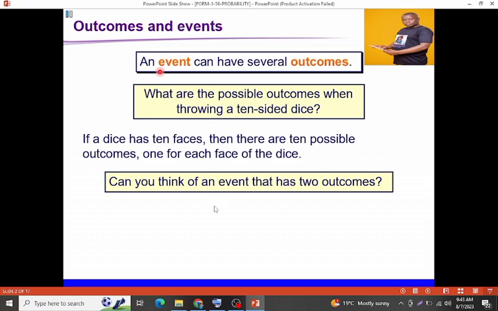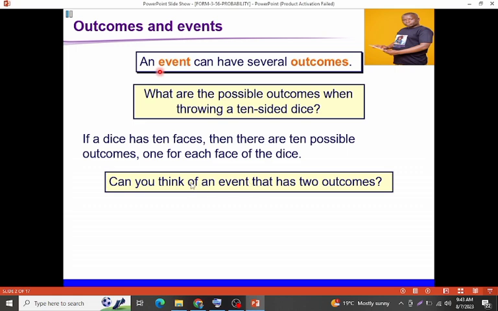Can you think of an event that has 2 outcomes? An event such as walking. Let's say you are walking to class from your hostel, you can either lift one leg, the left leg or the right leg, as you start walking.